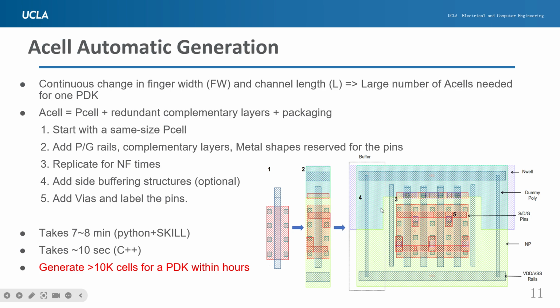We then add some buffering structures as well as some power ground rails, and add some VIAs and label the pins, and then the A cell will be automatically generated. With proper coding, one A cell would take about 10 seconds to be generated. So even generating a couple of thousands of cells for one PDK takes less than a couple of hours.